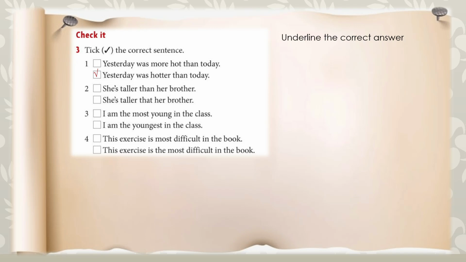Okay, so number two, yes, the first one, she is taller than her brother. Number three, I am the most young or the youngest in the class. So the correct answer, the word young is only a one syllable adjective. So when we change it to superlative, we add the word the and est. So the second one is the correct answer.